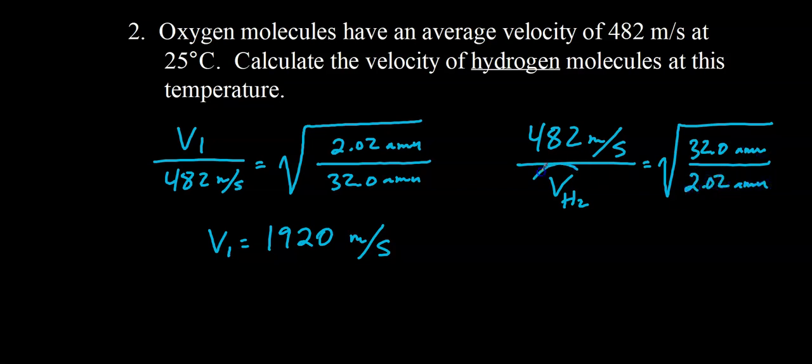If you do that, it's just a little bit harder to solve for V. So I wanted to solve for it nice and easy. So take the 2.02 divided by 32, square root that, multiply by 482, and you get 1,920 meters per second. Now, hopefully that agrees with your prediction. Hydrogen molecules being lighter should diffuse or move faster than the heavier oxygen molecules.